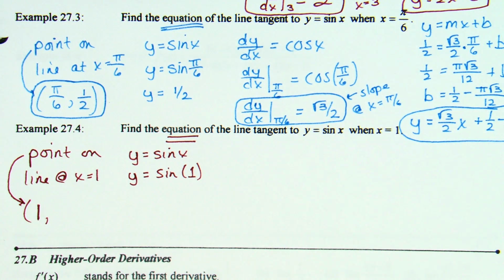This is a calculator thing. The key is it's not where does sine equal 1. If so, I'd be good with thinking, okay, 0, 90, 180. You guys are on the right track there. But it's what is sine of 1? Kind of like what is sine of pi over 6?